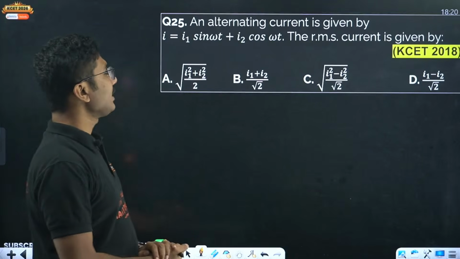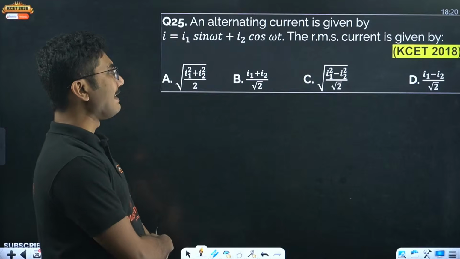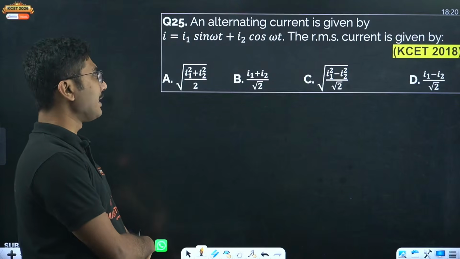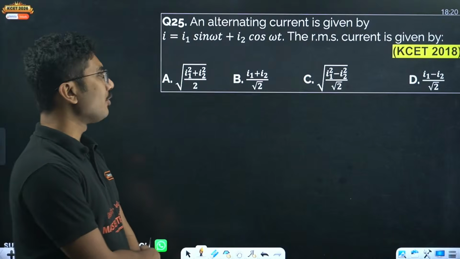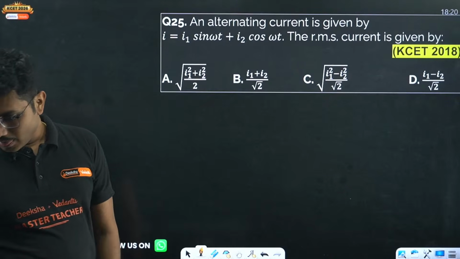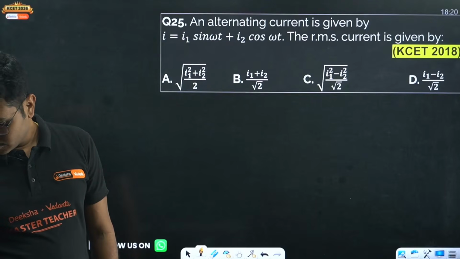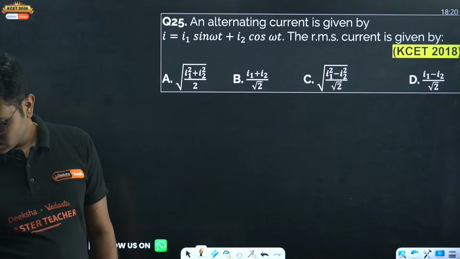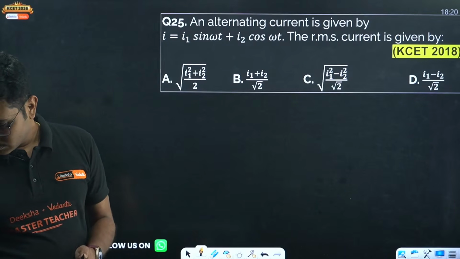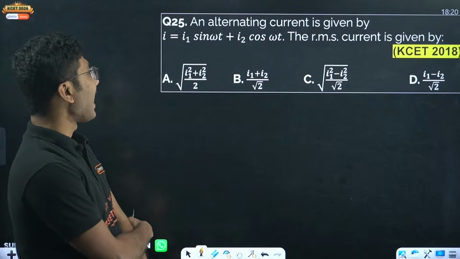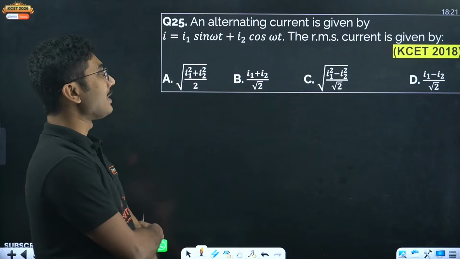Now next question. An alternating current is given by I equals I1 sin omega t plus I2 cos omega t. The RMS current is given by, okay. So an alternating current is given by I equals I1 sin omega t plus I2 cos omega t.